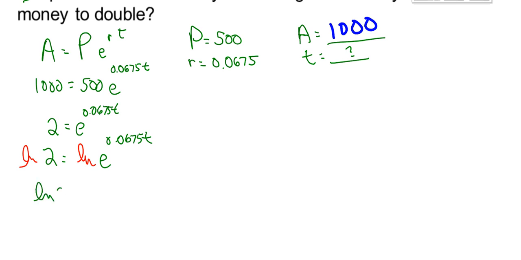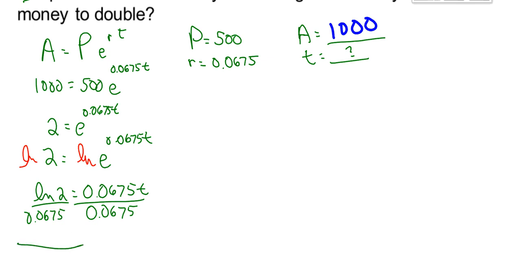On the right, I'm just going to get 0.0675t. To solve for t, I'm going to divide each side by 0.0675, and then whatever the ln of 2 divided by 0.0675 is, that will be approximately equal to t.